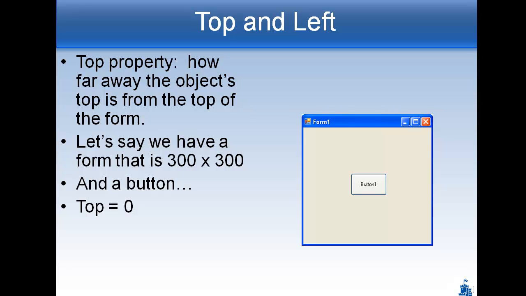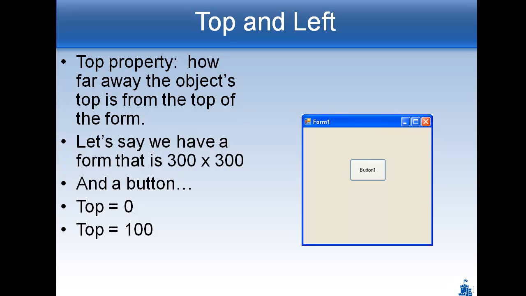So the distance between the top of the button and the top of the form is 0, which means the button would be right there. If we set the button's top property equal to 100, then there would be 100 pixels between the top of the button and the top of the form. So that would look like this. There's some space between the top of the button and the top of the form.